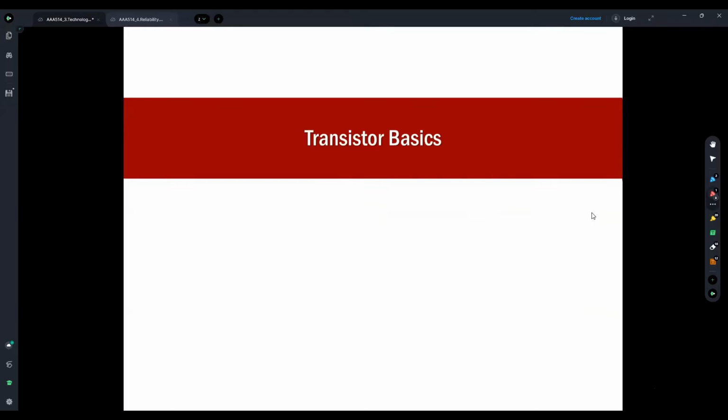Okay, so this time I will discuss some transistor basics. The transistor here means NMOS or PMOS transistors, as opposed to, for example, BJT.